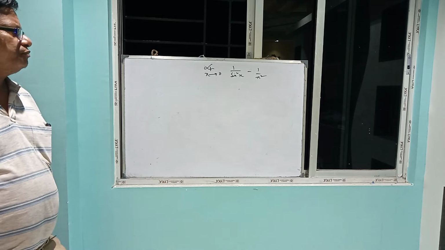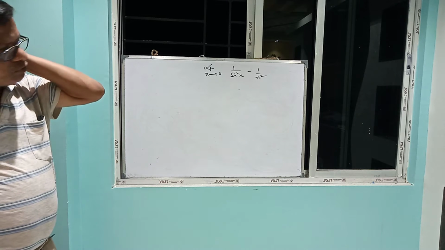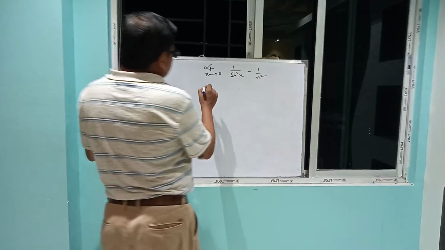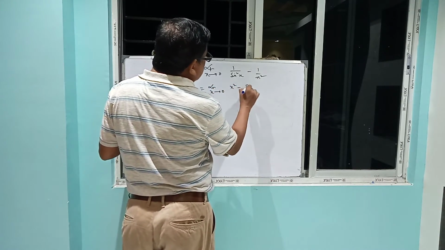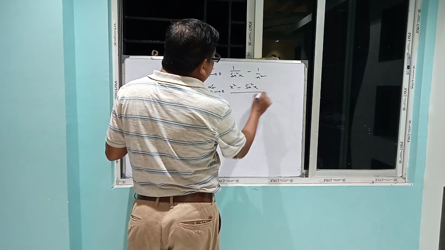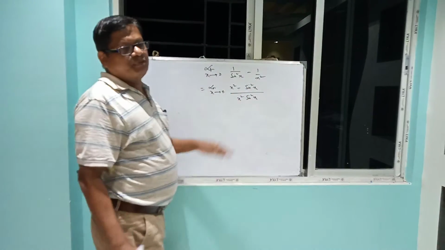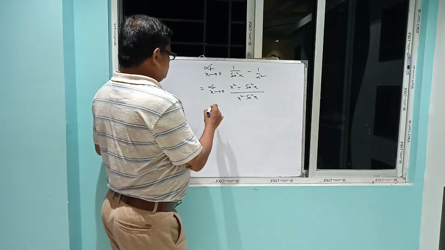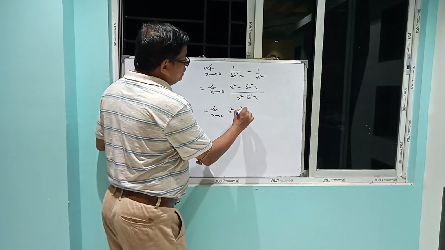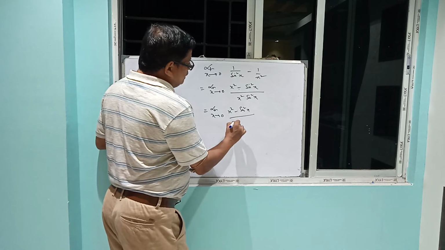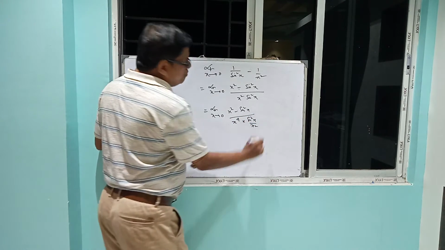How to solve using L'Hospital's rule? So write limit x tends to 0, (x square minus sine square x) by (x square sine square x). Just simplify it. Now write limit x tends to 0, (x square minus sine square x) by (x to the power 4) into (sine square x by x square).